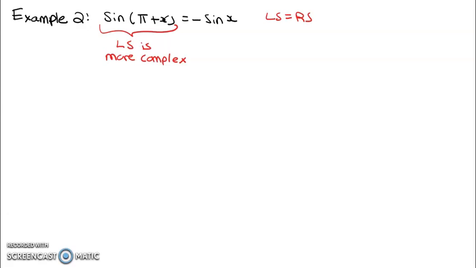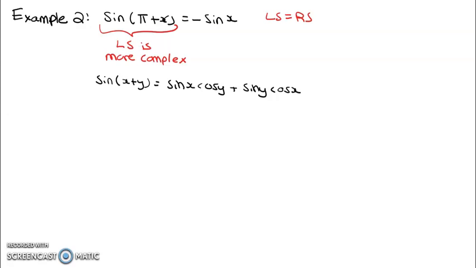If you don't remember, the general compound angle formula is sine (x plus y) equals sine x cosine y plus sine y cosine x. So we're going to apply this general formula to our sine (pi plus x).